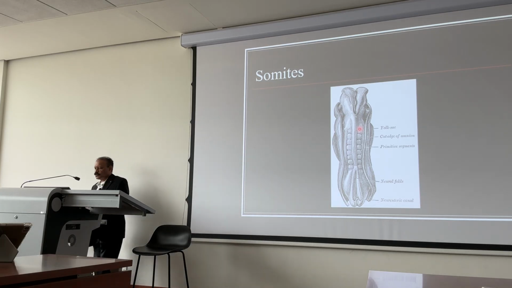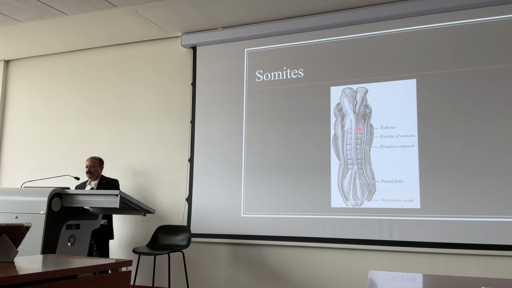Are you okay with that somite? Like a ball on both sides. Why both sides? Because you have the paraxial mesoderm on the two sides, that's the two somites. Over here will be the intermediate mesoderm and the lateral mesoderm, which is holding ventrally.